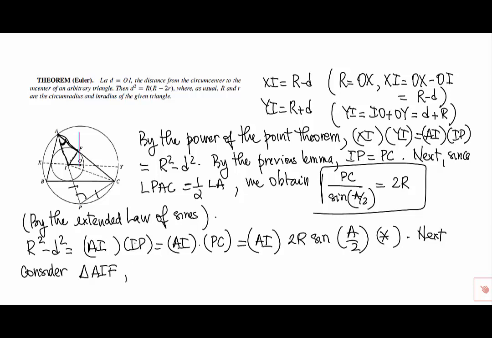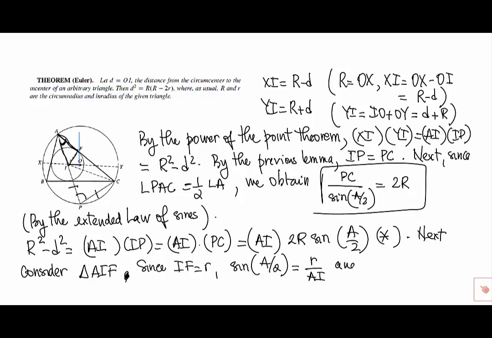And since IF is little r, we know that sine of A over 2 is going to be equal to r over AI, right? Your hypotenuse.